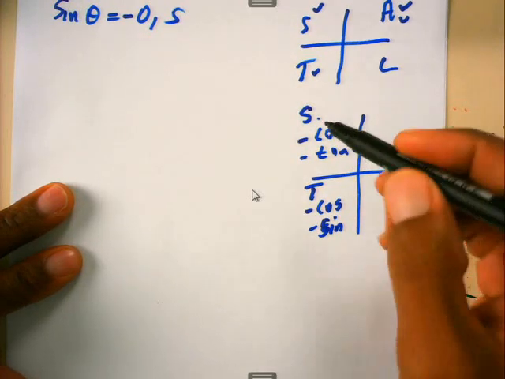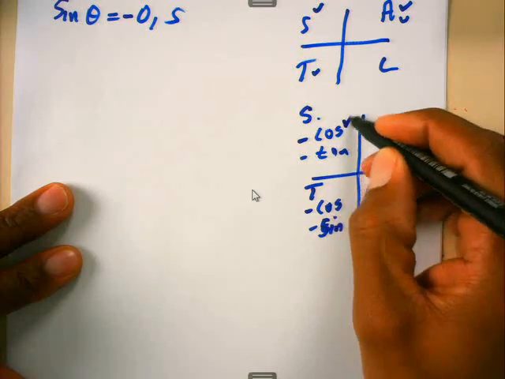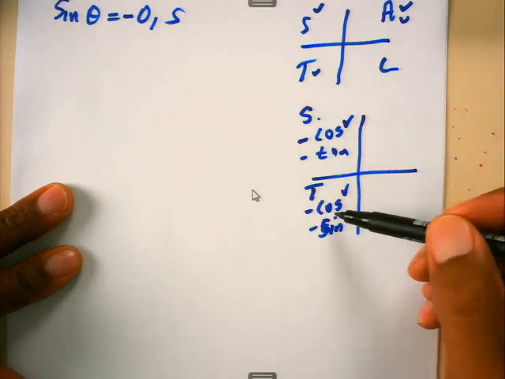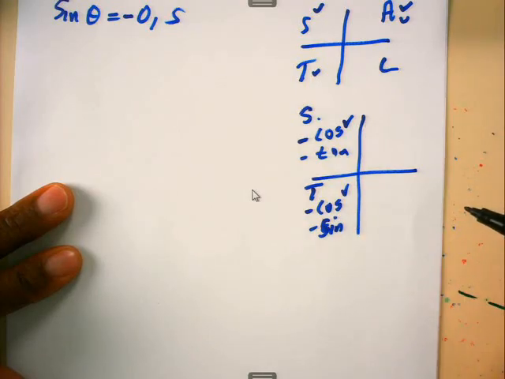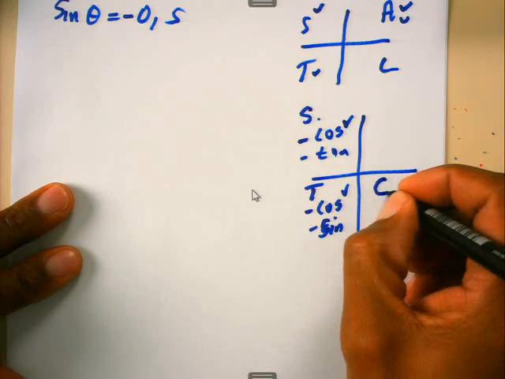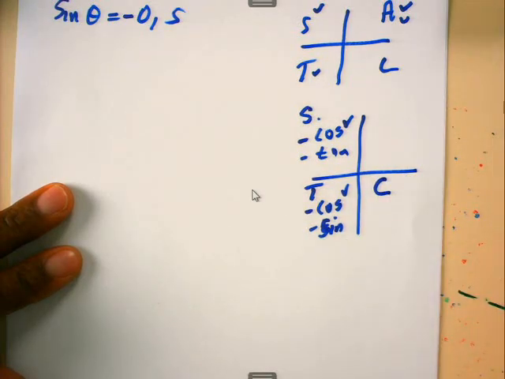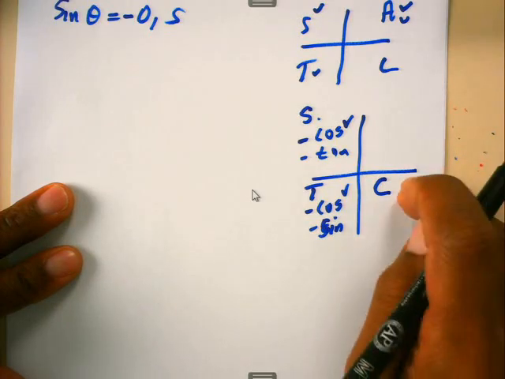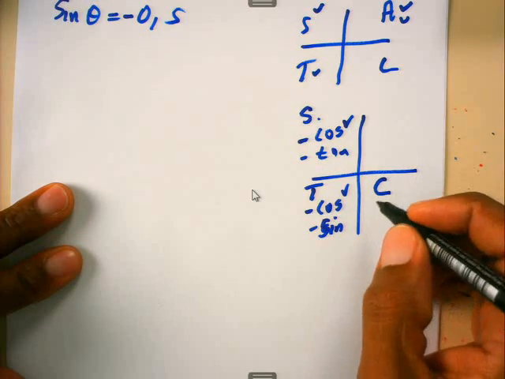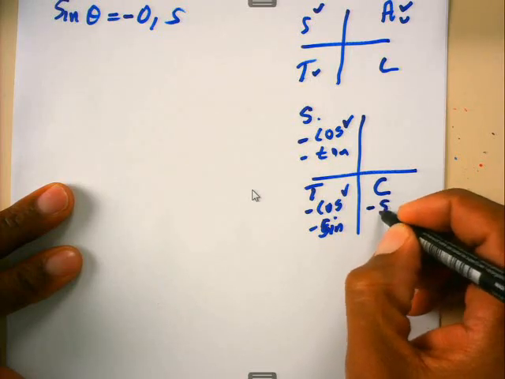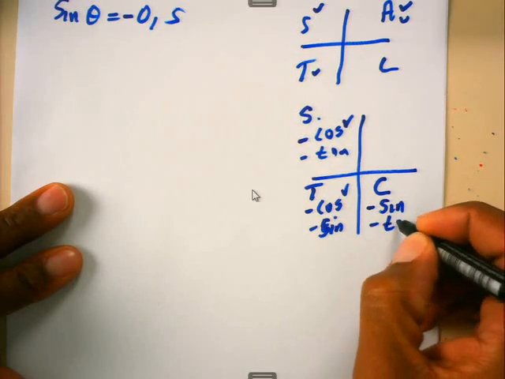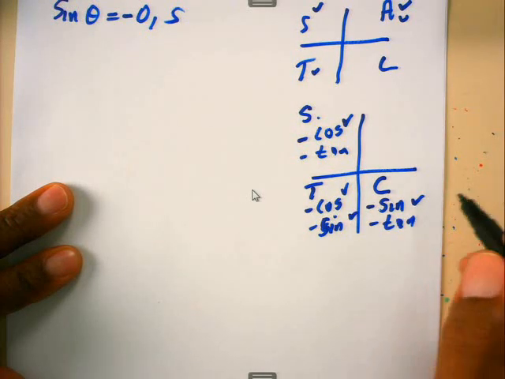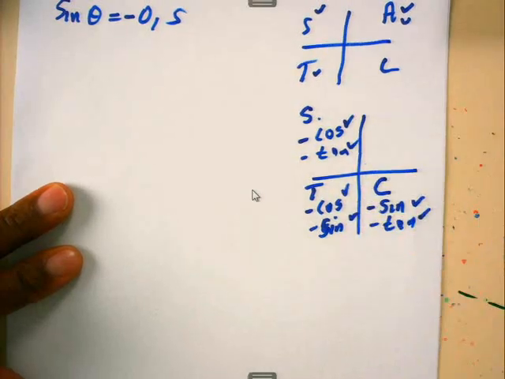Within these two quadrants, cos is negative in two quadrants, the second quadrant as well as the third quadrant. Now, the last one: cos in the fourth quadrant is positive. Therefore, if cos is positive in the fourth quadrant, we have a negative sine and a negative tangent. Then you can see sine is negative in two quadrants, and tan also is negative in two quadrants.